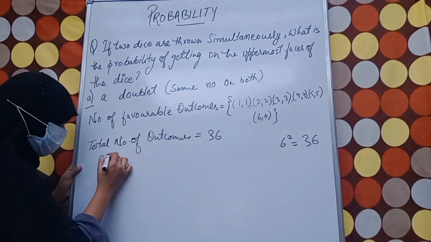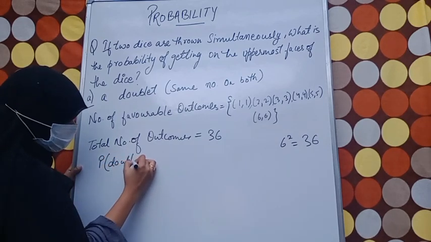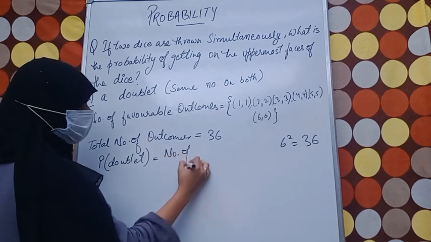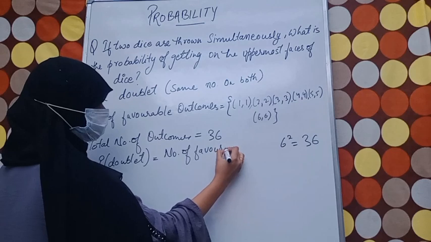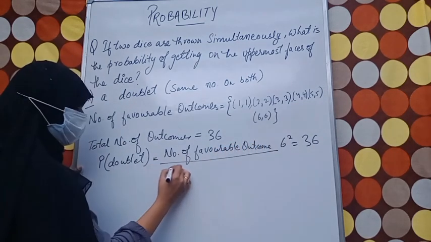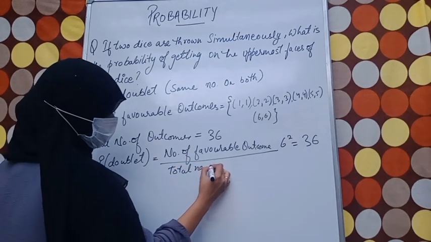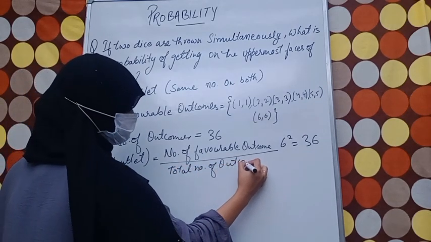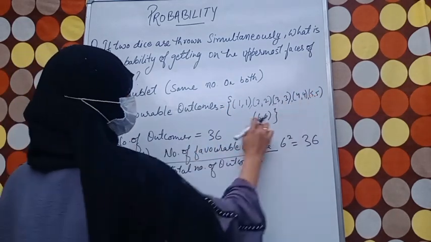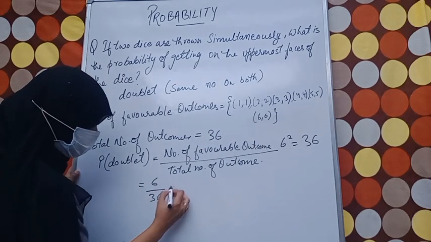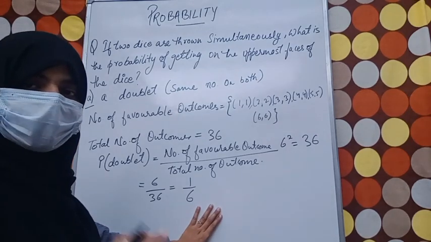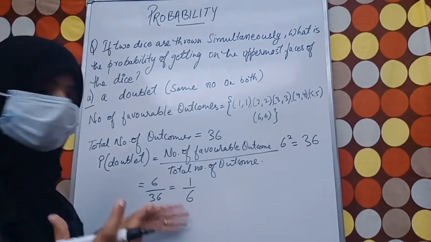So probability of a doublet equals number of favorable outcomes upon total number of outcomes. That will be 1, 2, 3, 4, 5, 6. 6 upon 36 gives 1 upon 6. So this is our probability for the doublet. I hope you understood this.